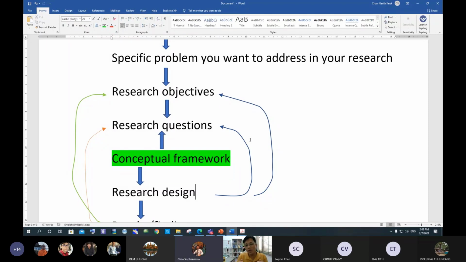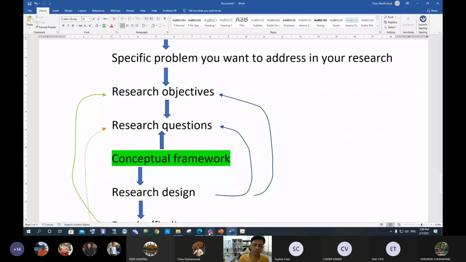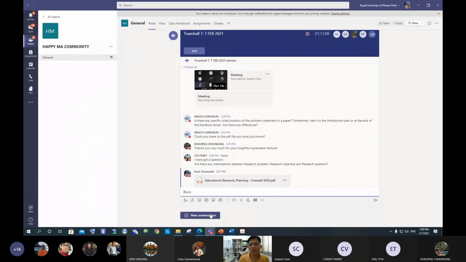Qualitative research design is flexible, which means qualitative researchers can go back and forth and make adjustments so that all the elements in their thesis are about one thing. That's why I'm stressing this, especially in quantitative study.